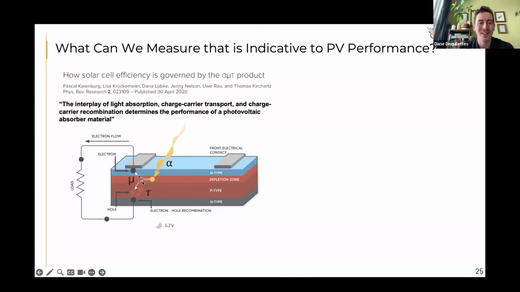And then you want those carriers to live as long as possible so that you can extract them before that energy is lost as heat in the cell, and that's related to your tau value. So optimizing all of these, you're going to have the best device performance. I'll just highlight this paper, which is great, by Jenny Nelson, Uwe Rau, and Thomas Kirchartz, who I would say are some of the most knowledgeable device physicists out there.